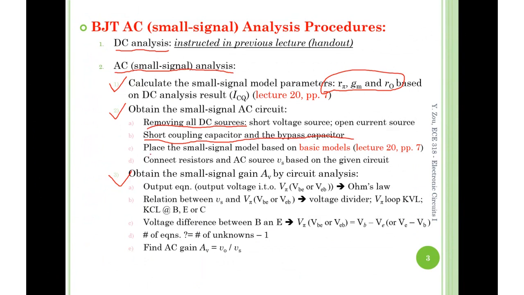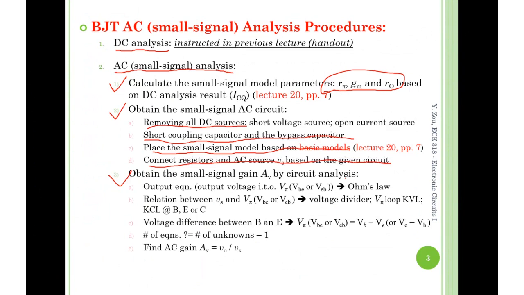And then first place the small signal model of the transistor, as we just discussed, right in the middle of your paper, and then extend the circuit terminal by terminal, based on the given circuit.